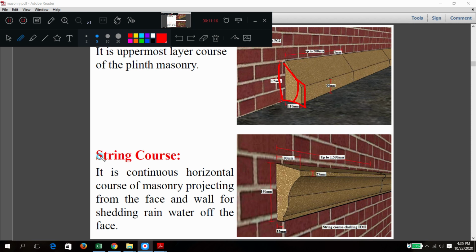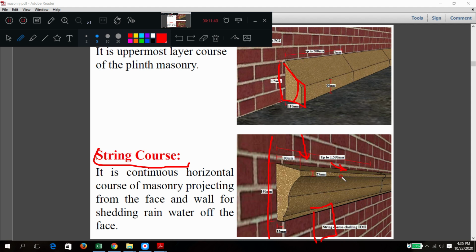What is this string course? This is not at the bottom. This is just above, on the roof level or near the roof level. It is also a masonry structure such that rainwater will shed away from here, so that the window and door will not get wet.